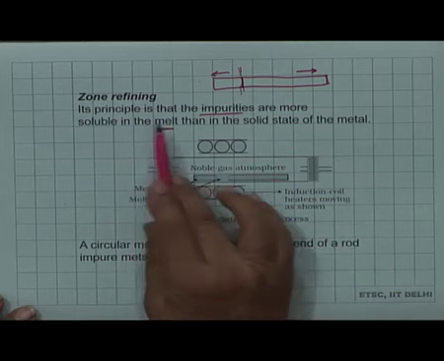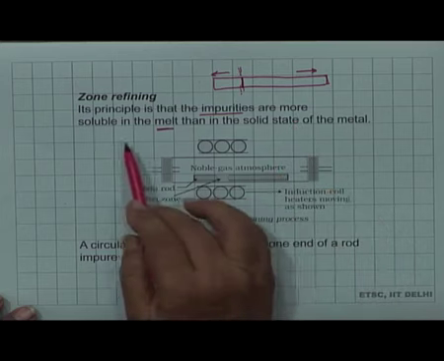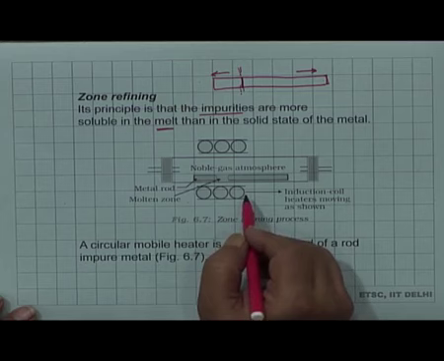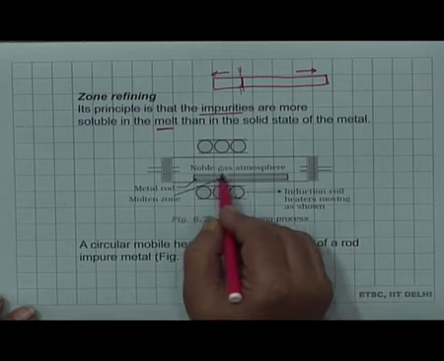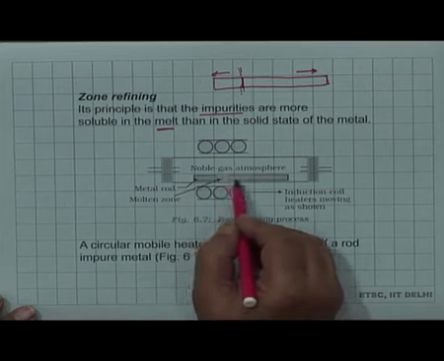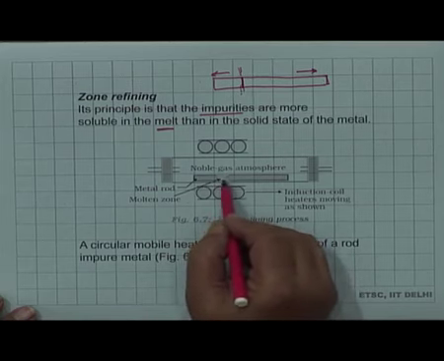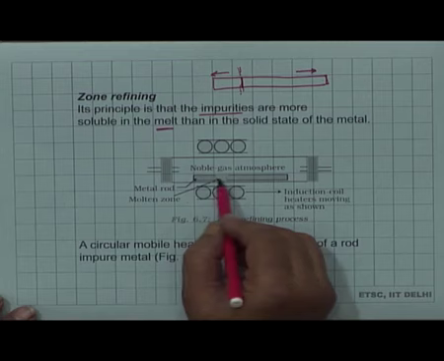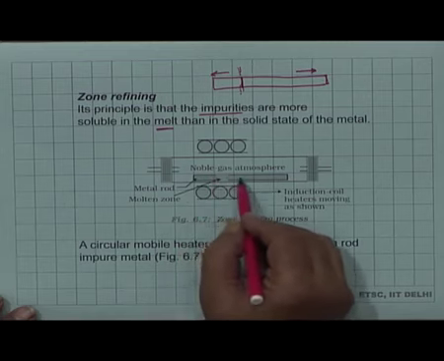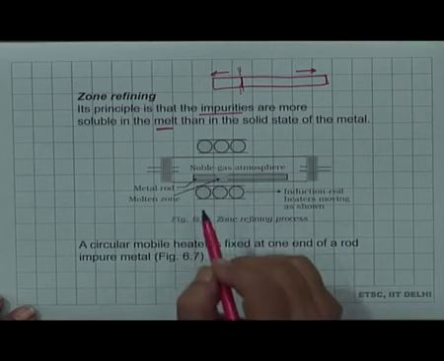Now, the principle is that impurities are more soluble in the melt. So, suppose these induction coils are here. This part is in a molten state, so what will happen is that the impurities will move into this melt and the nearby metal will become pure.